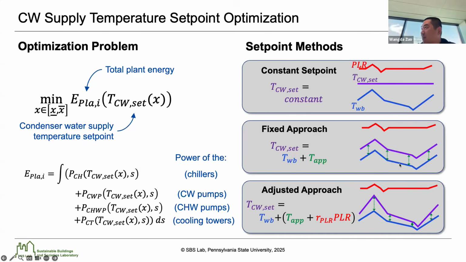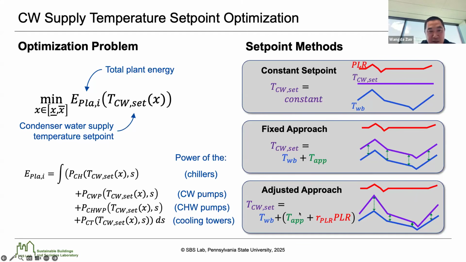So that I can maximize the potential of outdoor air to cool my condenser water. And then the third approach is more complex. We are trying to adjust this condenser water temperature, the distance, based on the approach, but also on the part load ratio.